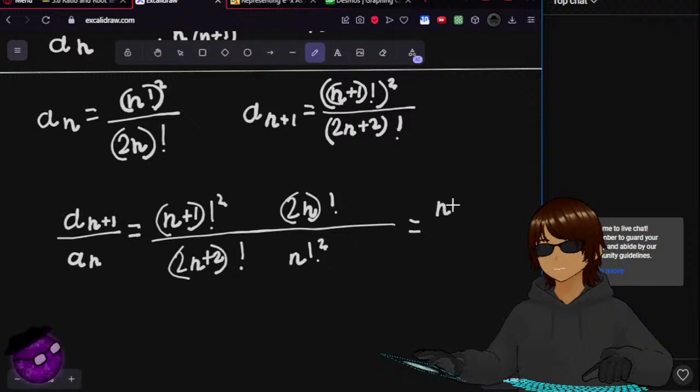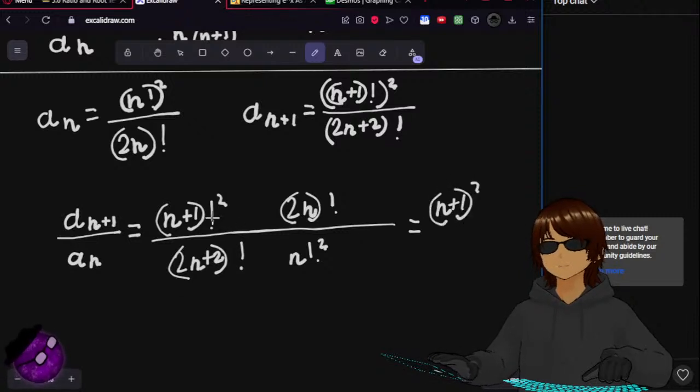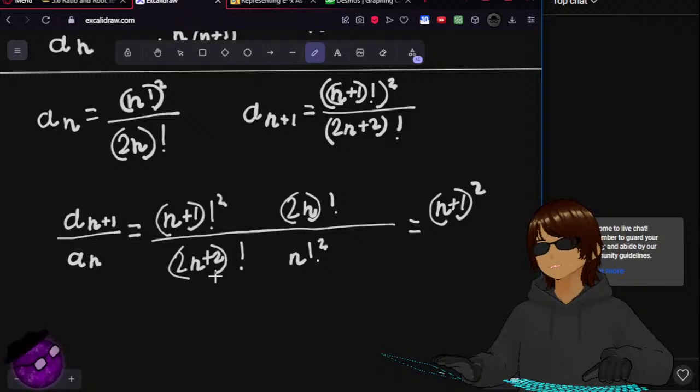I think this would give us n plus 1 squared. n plus 1 factorial divided by n factorial is n plus 1. Since both of them are squared, I guess n plus 1 would also be squared. This is plus 2, right? 2n plus 2 factorial would be 2n plus 2 times 2n plus 1 times 2n and so on.